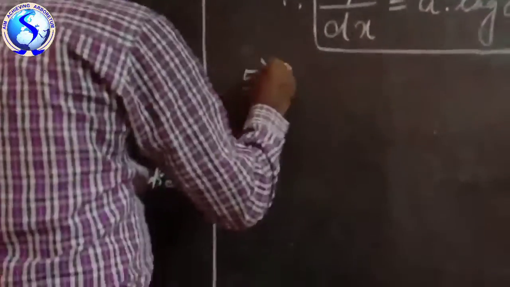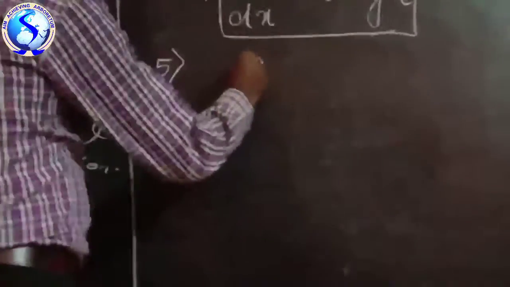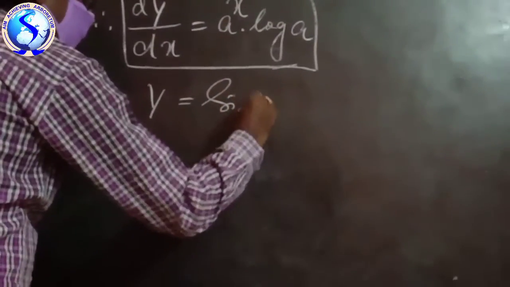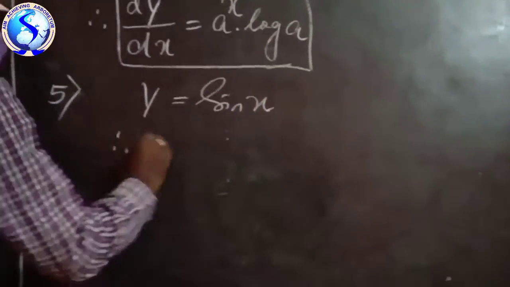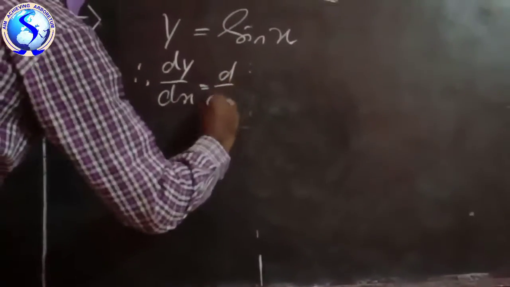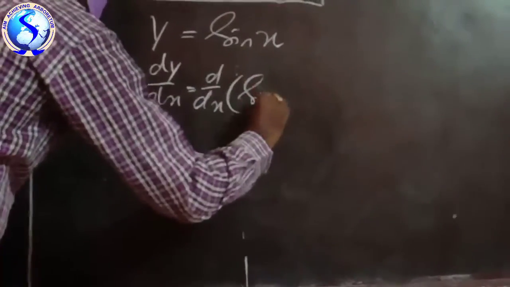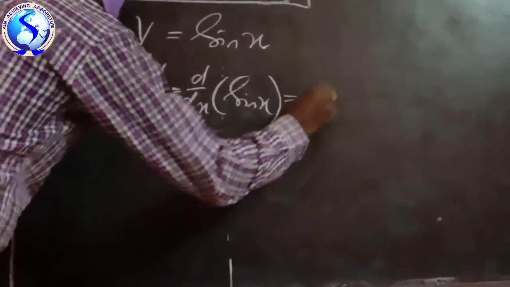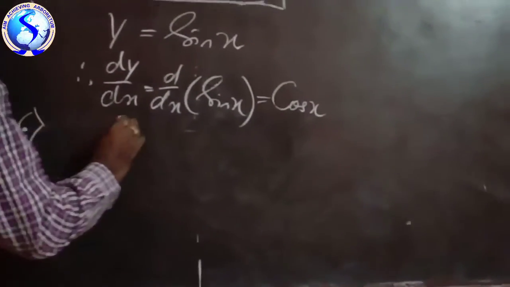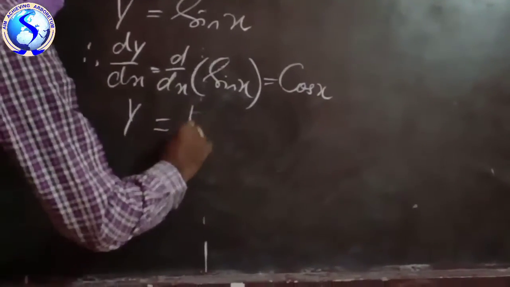Number 5, suppose y is equal to sin x, a trigonometrical function. Then dy by dx of sin x, the answer is cos x. Number 6, y is equal to tan x.